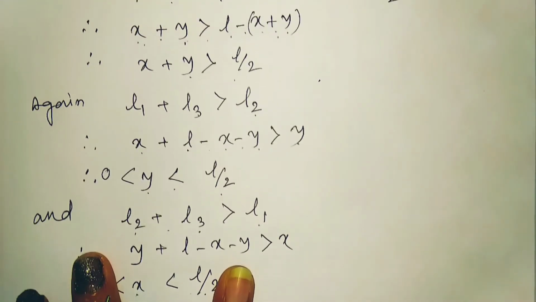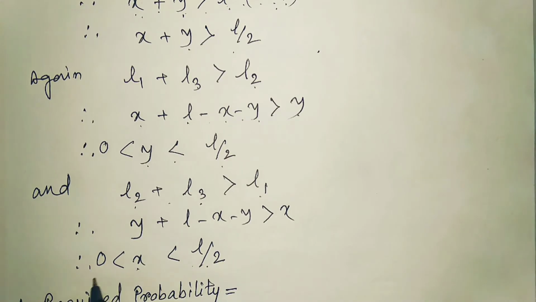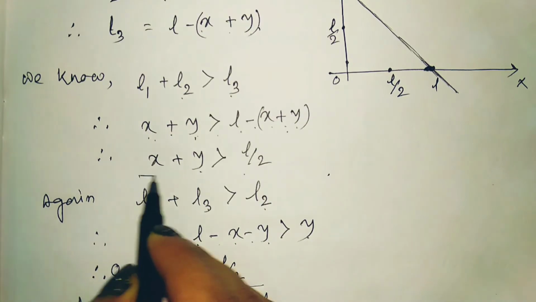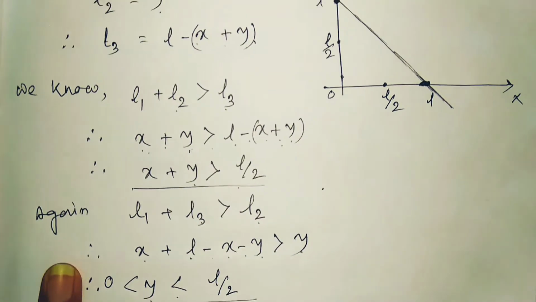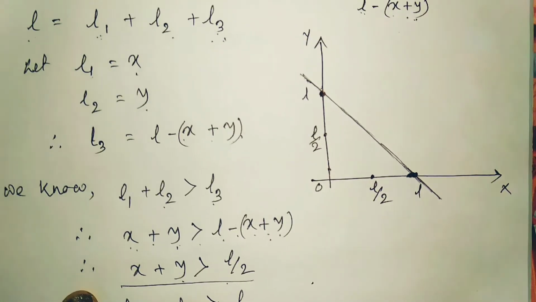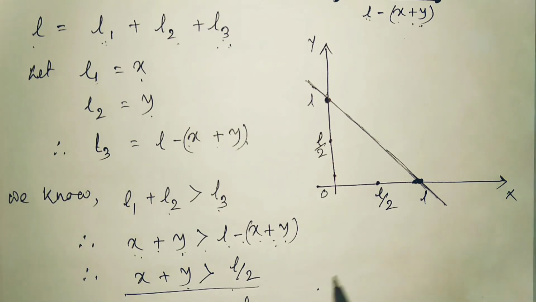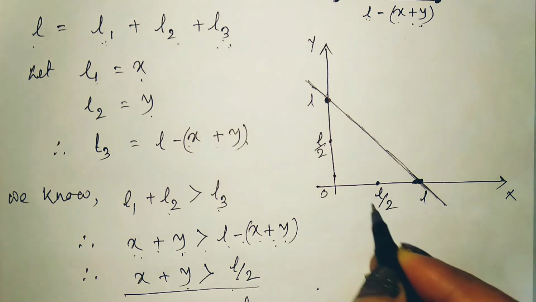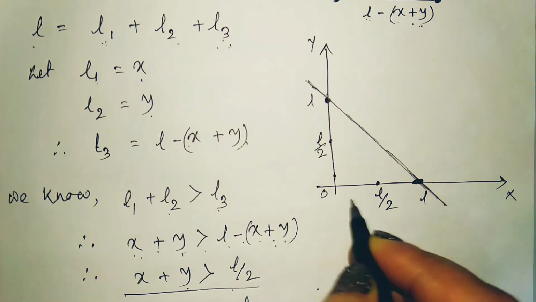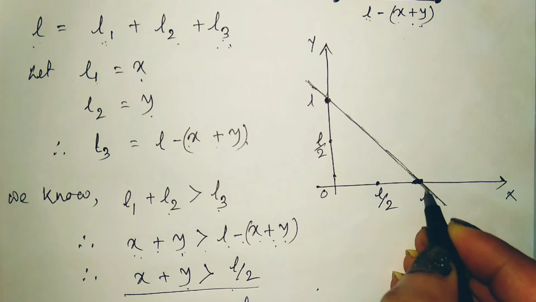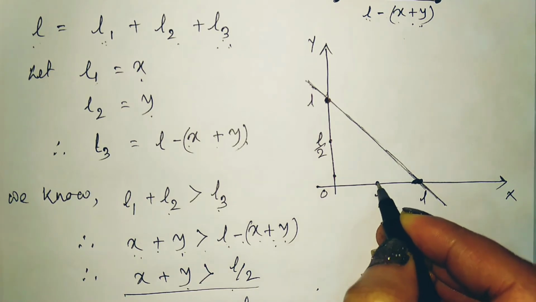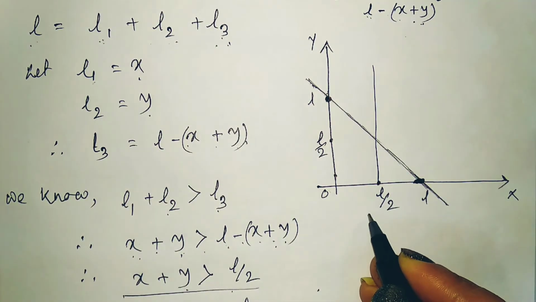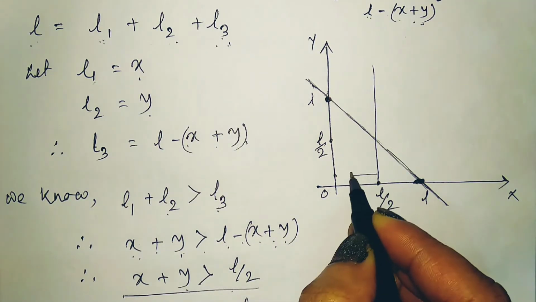Now let us plot these three equations. One equation is this one, second equation is this one, and the third equation is this one. If we plot these three inequalities in a graph, then what will we find out? Now x less than or equal to L by 2 means the x axis is this one, so x equal to L by 2 we can take as this line, and as it is less than, it is always on this side.